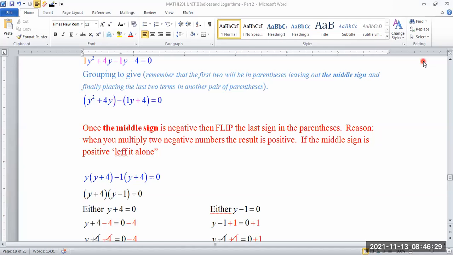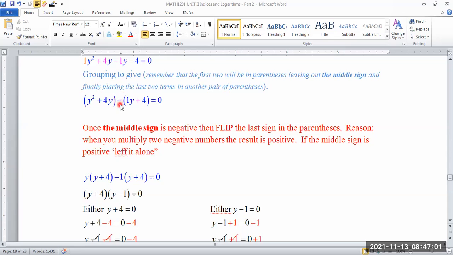No. What I'm saying is, once the middle sign is negative, the last sign in the parentheses is going to be flipped.